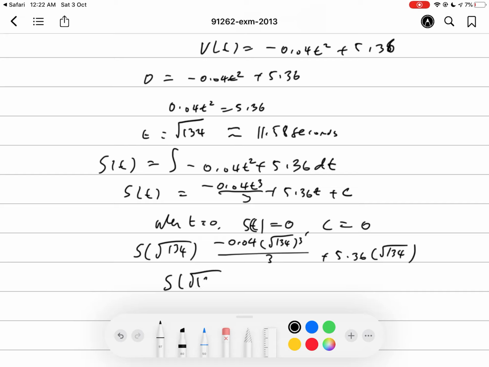Alright, so we should find that s of square root of 134 equals 41.36 meters. And that is our final answer for this question, and that will get us an excellence grade.